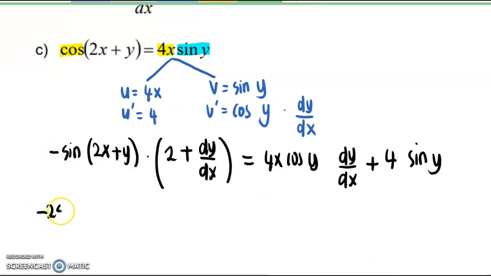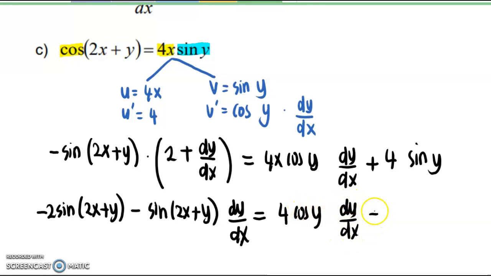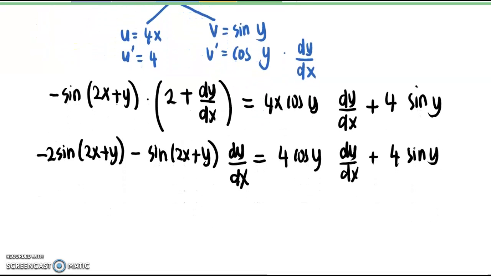Negative 2 sin(2x plus y) minus sin(2x plus y) dy over dx equals to 4 cos y dy over dx plus 4 sin y. Okay, so dy dx sekarang dah single, dah kat luar dah.